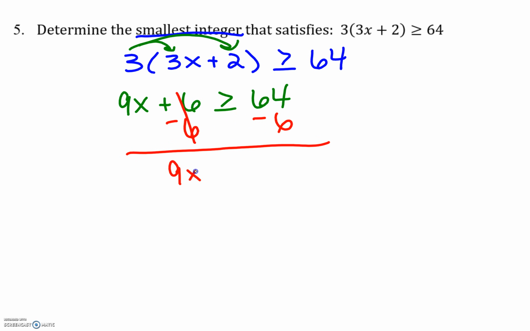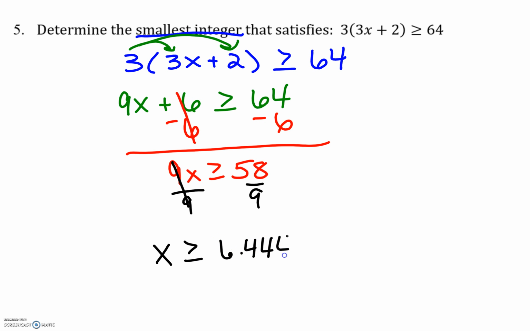Then we're left with 9x is greater than or equal to 58. And then from here, we want to divide by 9. X is greater than or equal to 6.444 repeating.